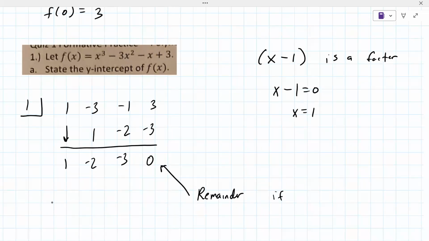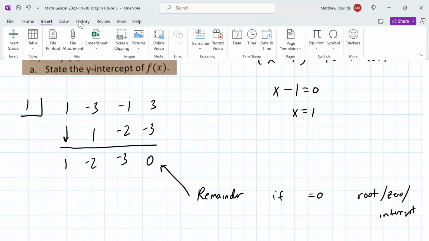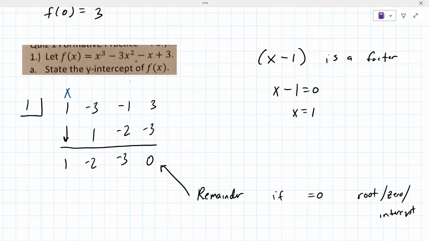So if the remainder equals 0, that means that it's what's called a root or a 0 or an intercept. Does that sound familiar to you? Okay. Now originally it was x cubed, x squared, x, and the constant.